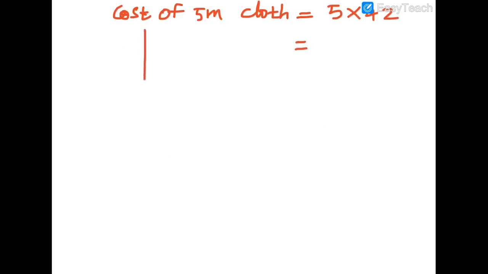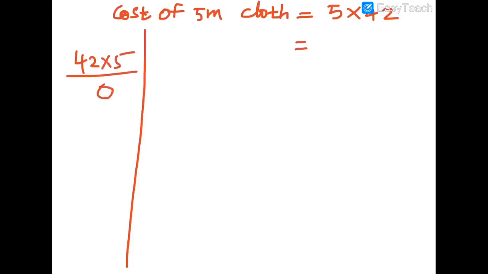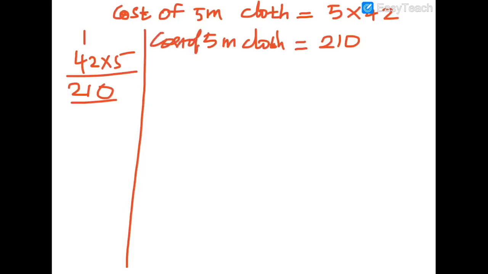I will multiply this value here. 42 into 5: 2 5s are 10, 4 5s are 20, so 210. That means 210 rupees. So we found that the cost of 5 meter cloth is 210 rupees. 210 rupees is the right answer.